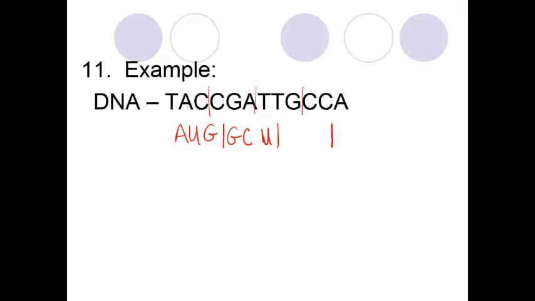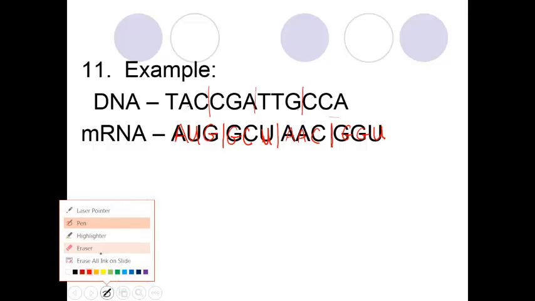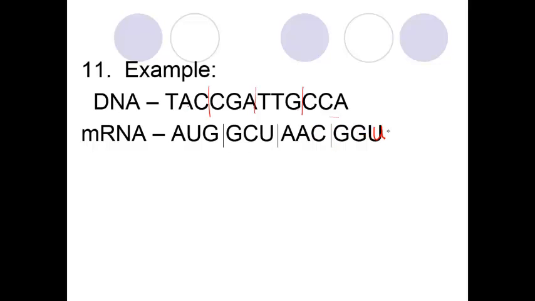So for our next group of 3, we have T, T, and G. We know the T's are going to go to A's, and the G will be converted to a C. And our last group of 3, we have C, C, A, so that would be G, G. Here you would normally put a T, but we don't have T's anymore in messenger RNA, we have U's. So we have that here. It might be a little easier if I erased it so that you could see the actual computer letters. But that should be what your answer is.